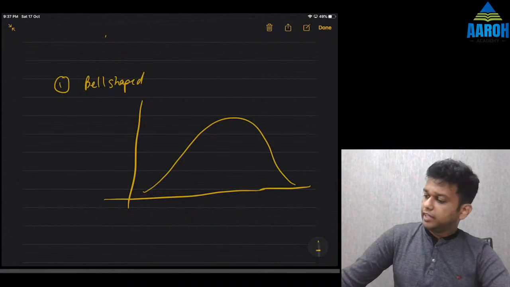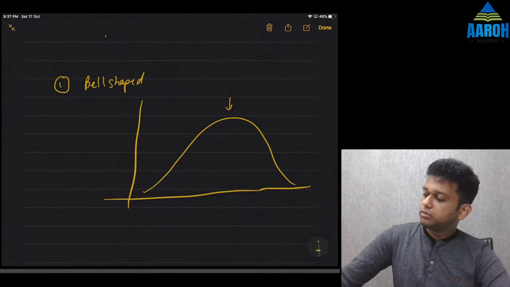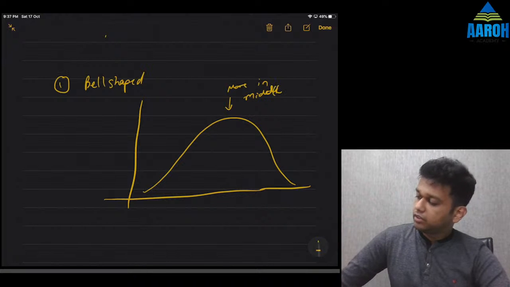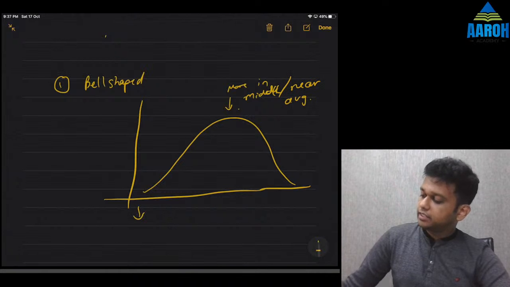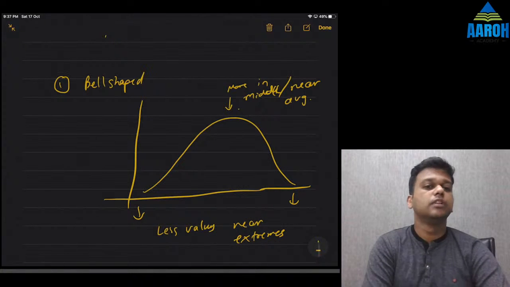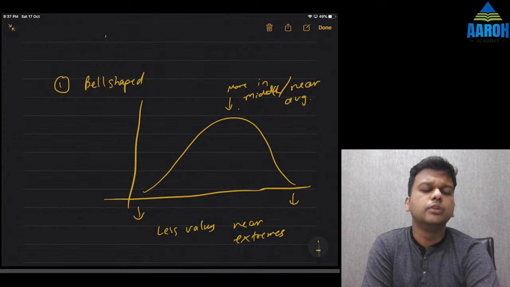That means in the middle there are more values, or more values near average, and fewer values near extreme points.